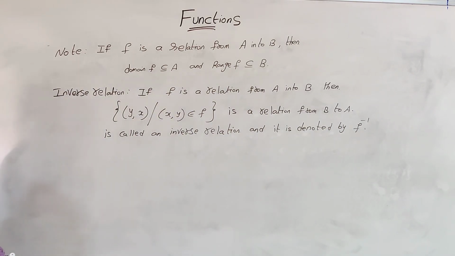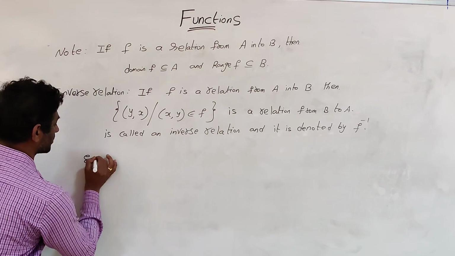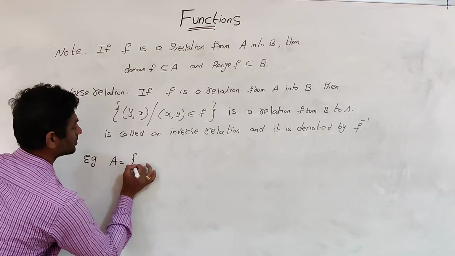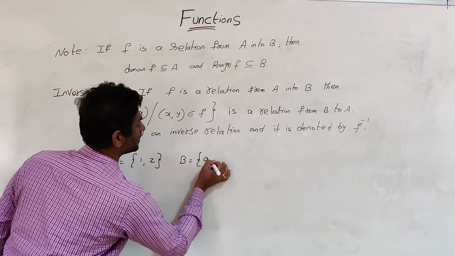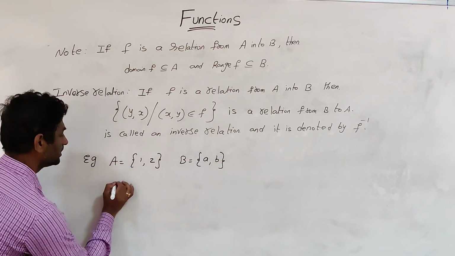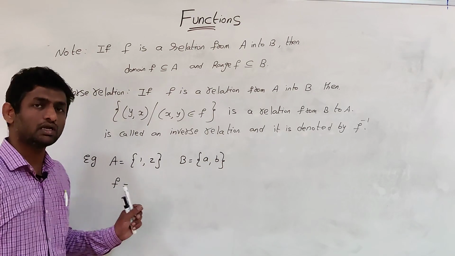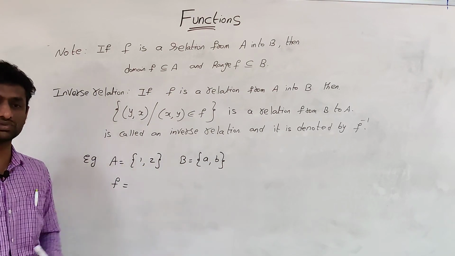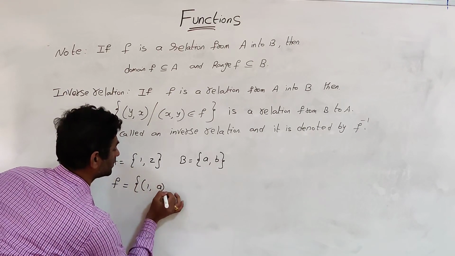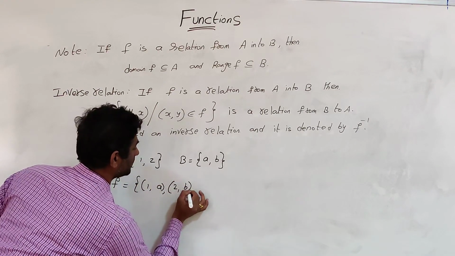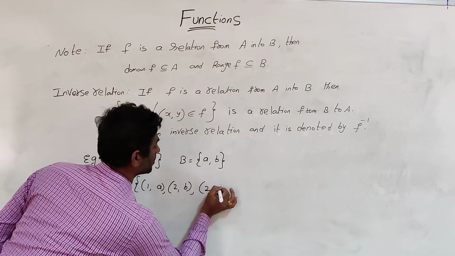For a small example, if A is equal to {1, 2}, B is another set {a, b}, then F is one among the 16 subsets. Let us choose {(1, a), (2, b), (2, a)}.